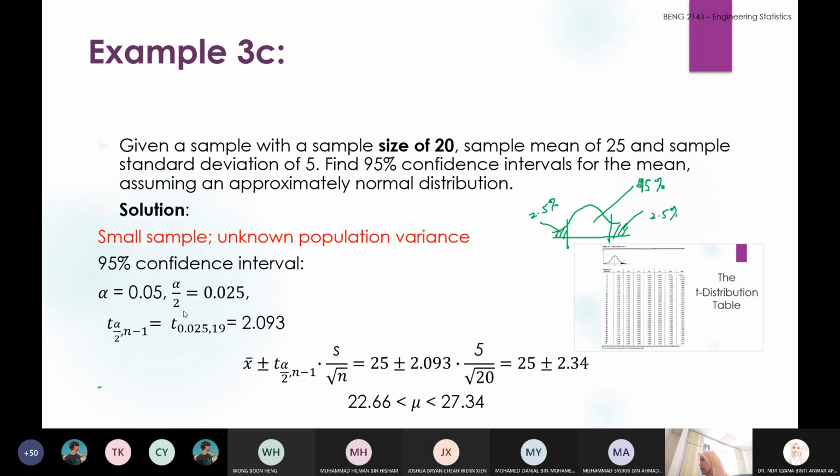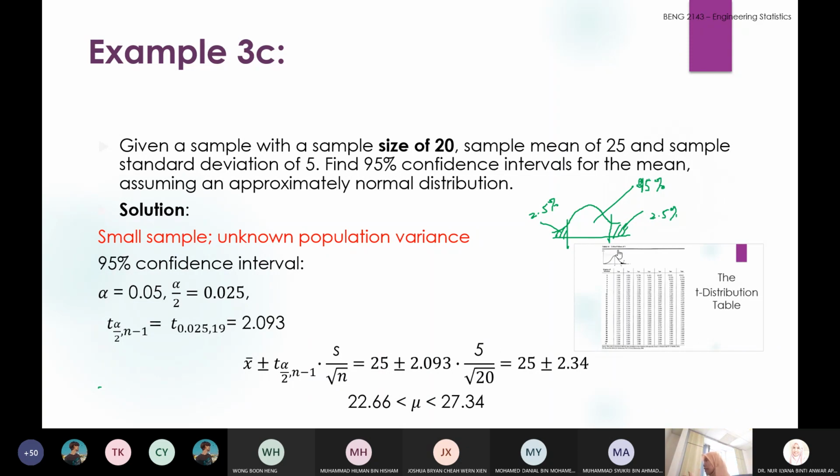With this value, we want to determine the interval of the population mean. The given mean is 25, so the middle of the interval is 25.